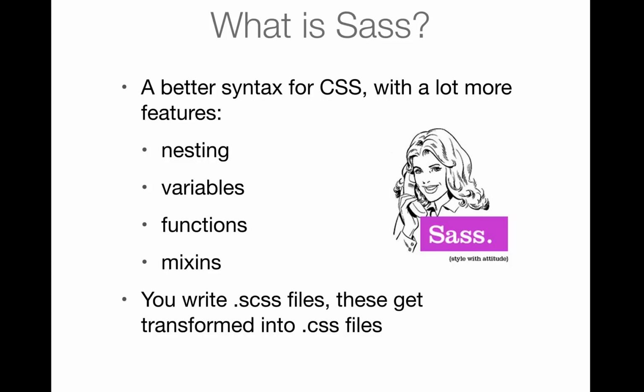And you also have mixins, which are blocks of CSS that you might want to reuse for different parts of your CSS. So how Sass works is that you're writing a new type of file instead of a CSS file. You're creating an SCSS file, and these get transformed into CSS files. So you have a new file type with a bunch of new features, but the way that your CSS is included in your project is still the same because it's going to get transformed into CSS before it's actually loaded on the page.